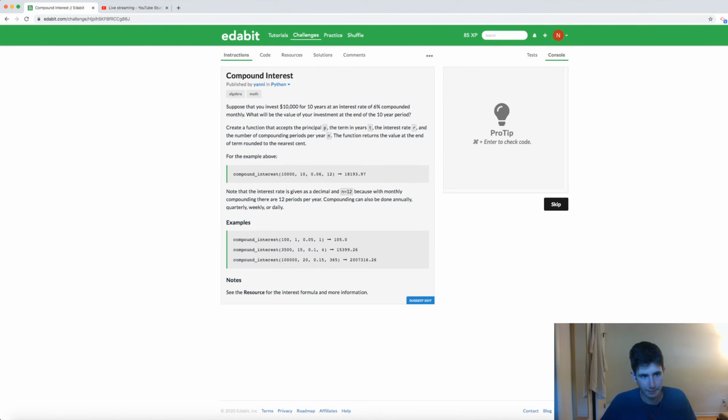So let's look at the equation for compound interest, because when we're doing a mathematical problem, it's important that we have an equation so that we can just put that into the return function. A equals our final amount: P times (1 plus R over N) to the power NT. Let me write this out.